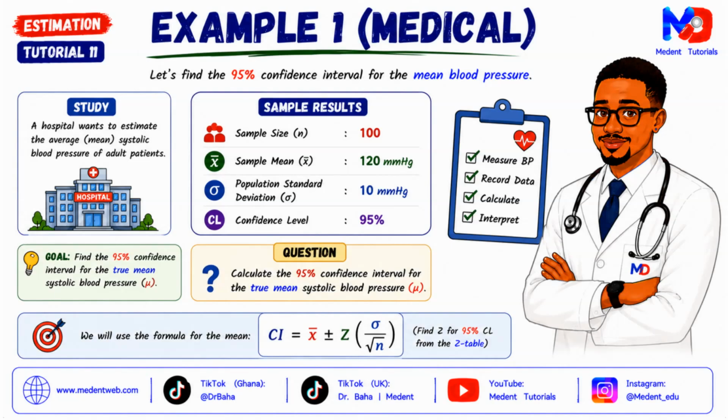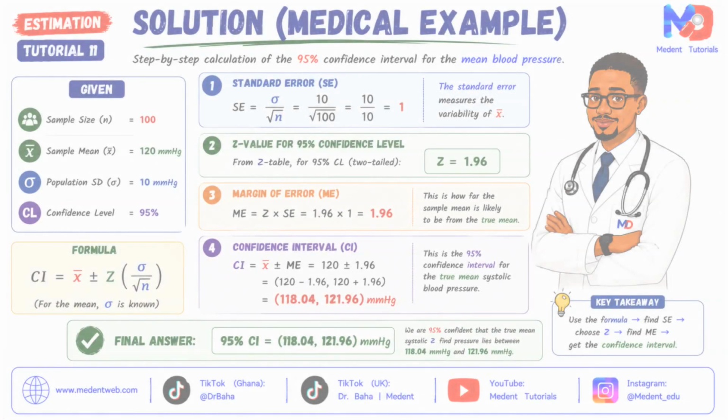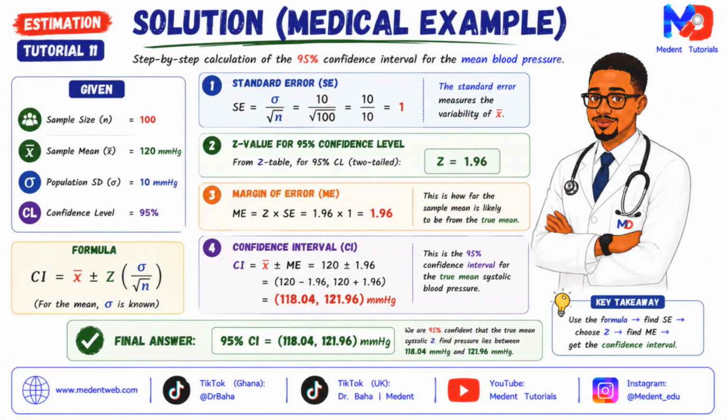So how do we solve this? We begin by calculating the standard error. The standard error is 10 divided by the square root of 100, which equals 1.